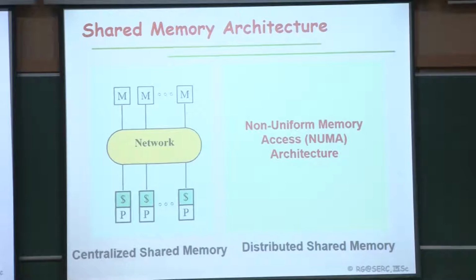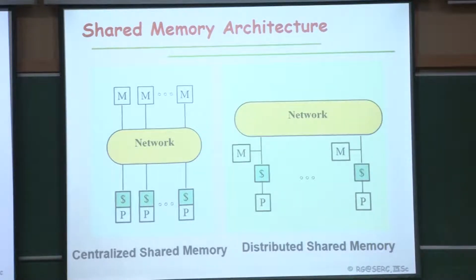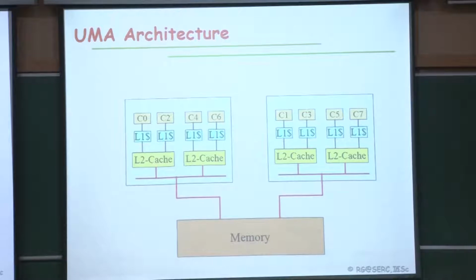Using existing multi-core architectures, some old, some new, we can even give examples of centralized shared memory and distributed shared memory architectures. Let me quickly show you one example of a server motherboard, which has multiple multi-core sockets. Here you can see two multi-core sockets, each socket having 4 processor cores.